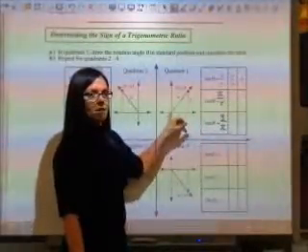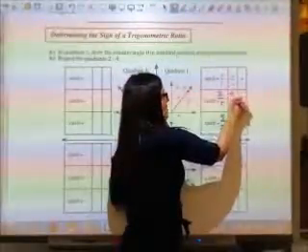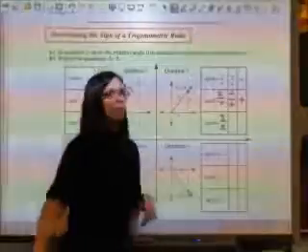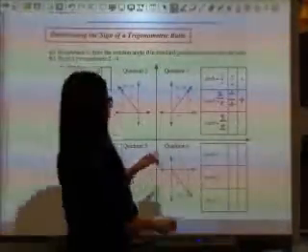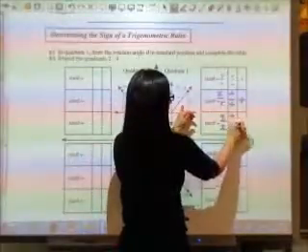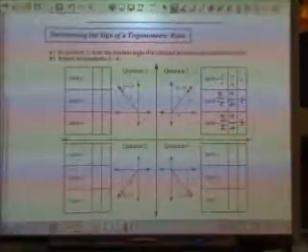So r is positive, x is positive. So if I have a positive value over a positive value, I will get a positive answer. Y is positive and x is positive. I get a positive answer.